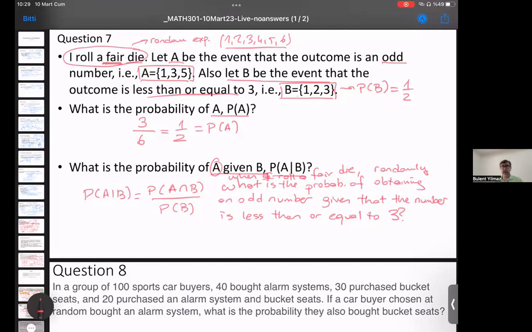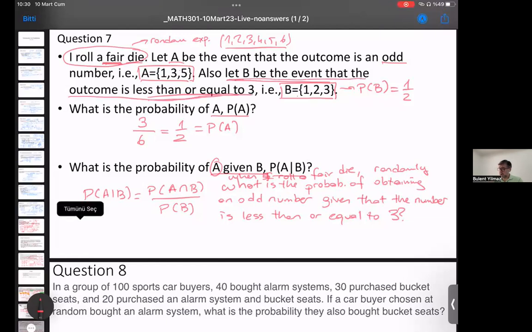You understand, guys? I don't understand, Hocam. Why are we using this? I don't understand why we said less than or equal to 3. Because event B is the outcome is less than or equal to 3.